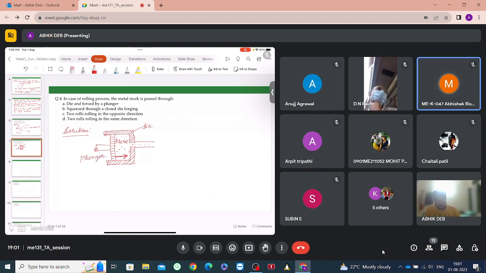So process A is essentially an extrusion process or not? I hope it is clear how process A is an extrusion process.